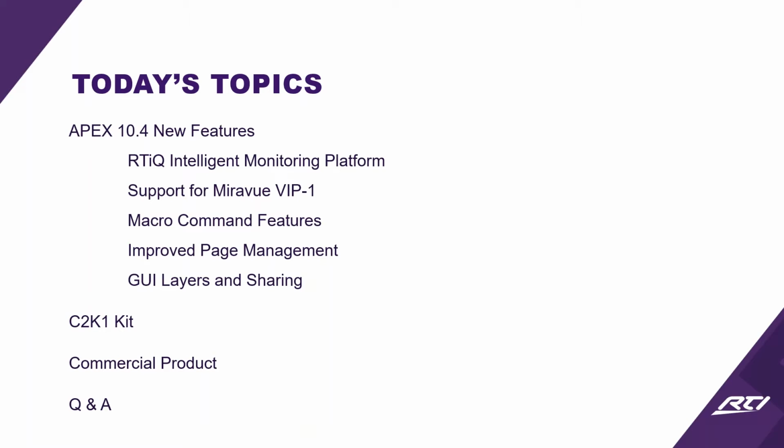Then we'll dig into the C2K1 kit, a fantastic feature that we have. It adds some of the Pro Control product, mixes that in with RTI, and we can spit that out inside of Apex and program it. It's just a fantastic bundle. It's very easy to set up.